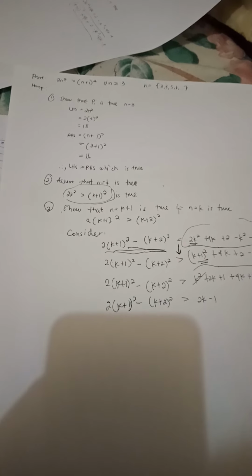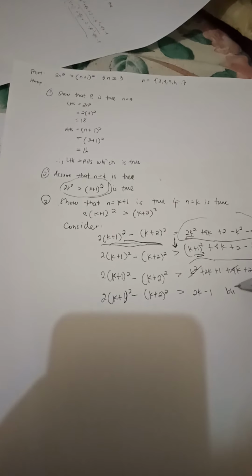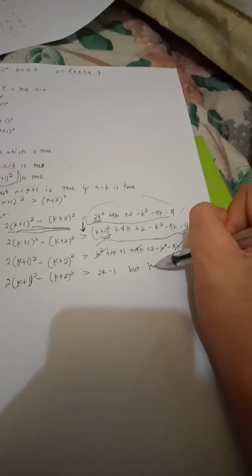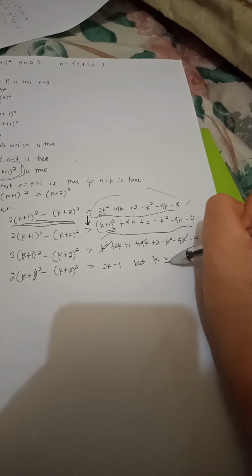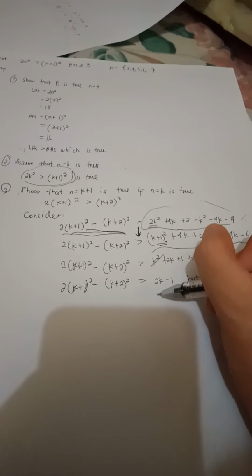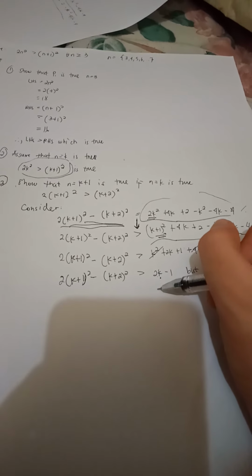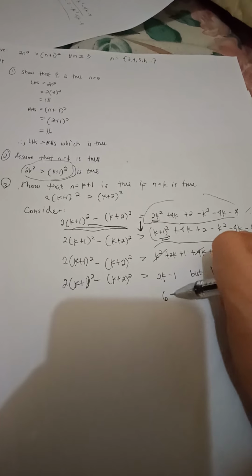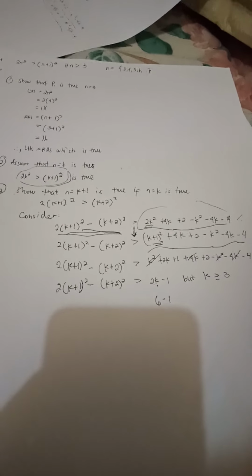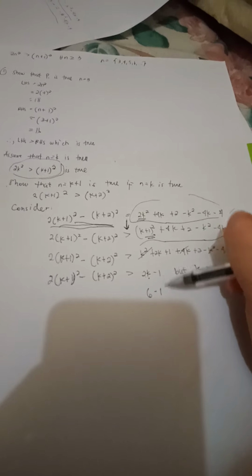But don't forget that k is not just any number. It's going to be k is greater than or equal to 3. So we're going to substitute k equals 3 on the right-hand side. So 2 times 3 is equal to 6, minus 1. So which one would be bigger?